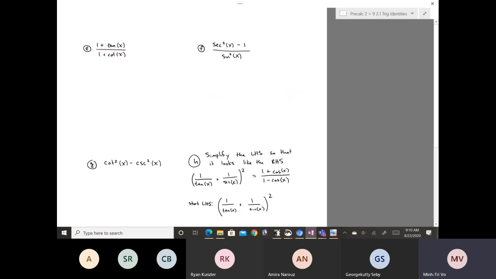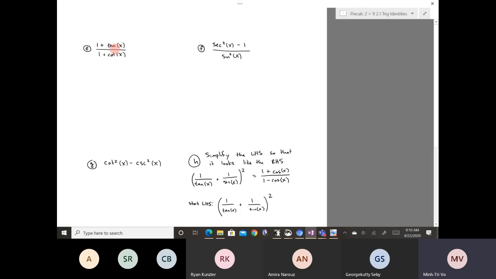However, if you're writing things in terms of sine and cosine, things become a little bit more complicated, and it might not be so easy to simplify things from there. So to make things a little bit easier, we can try to look for some other identities we might possibly be able to use. The two trig functions here are tangent and cotangent.